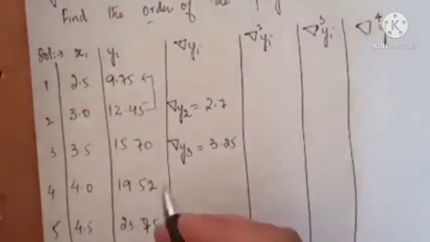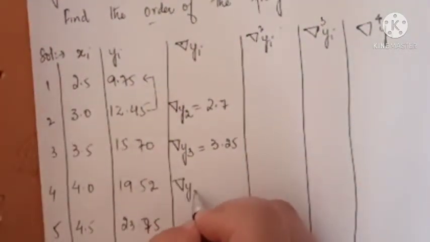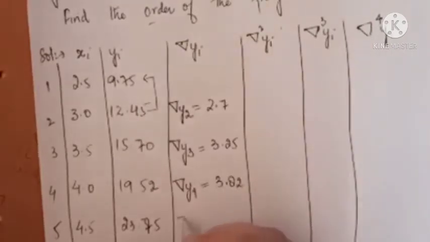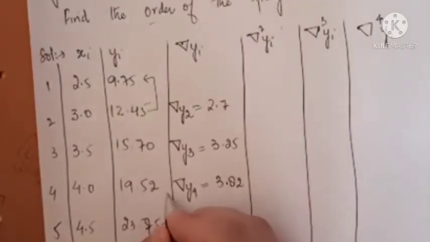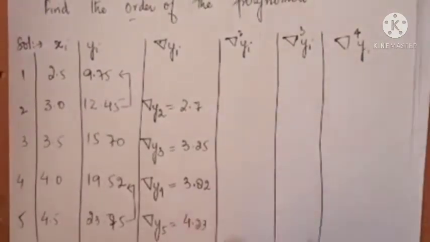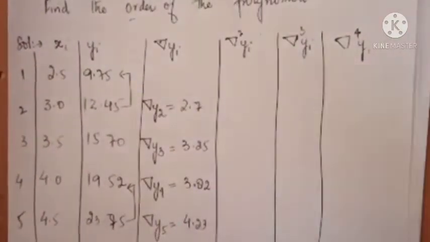Then delta y4 will be equal to 3.82 and delta y5 will be equal to 4.23, by subtracting these two values. Further we can make differences.